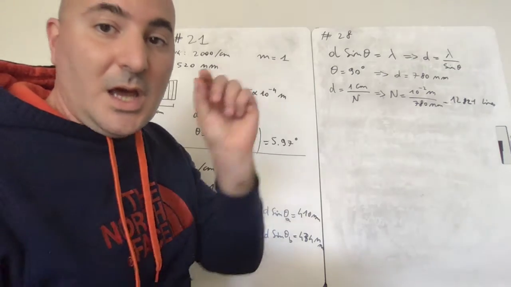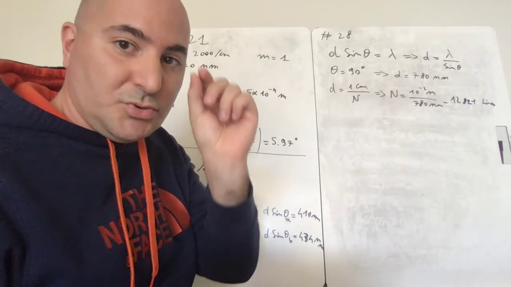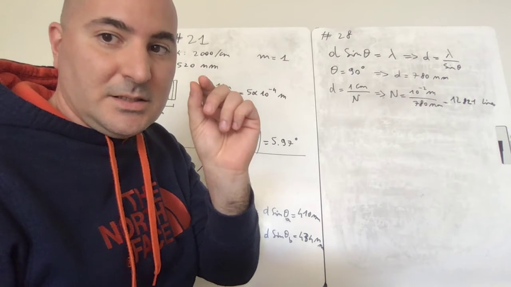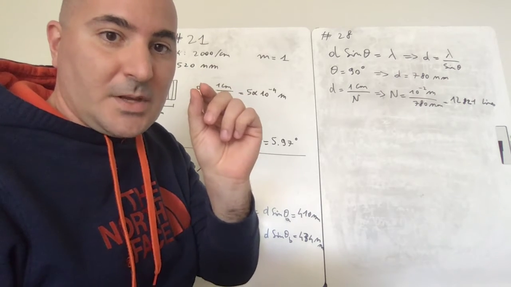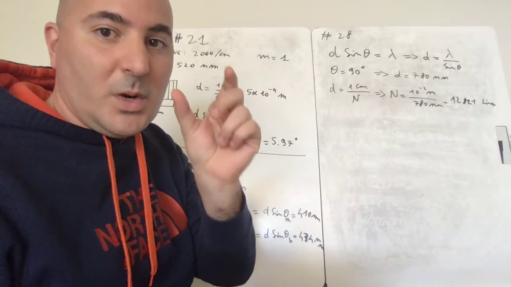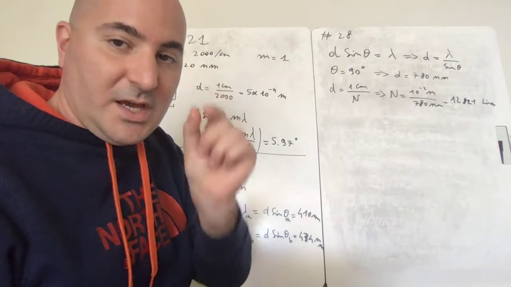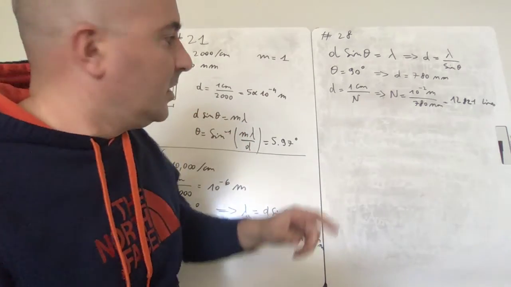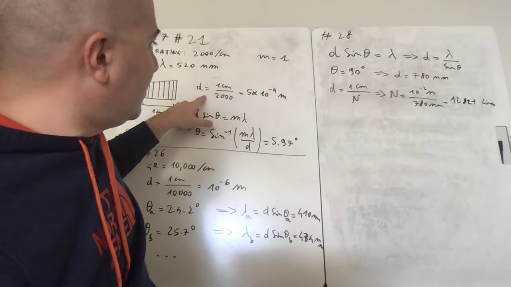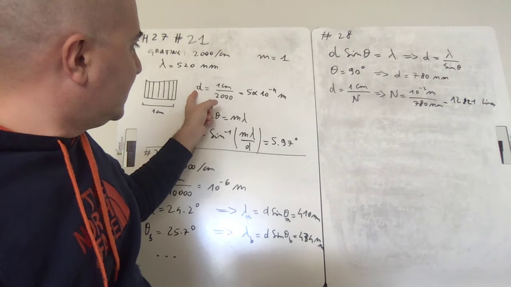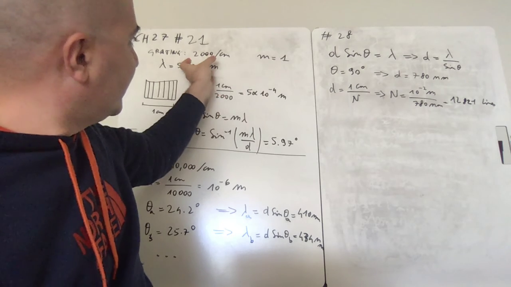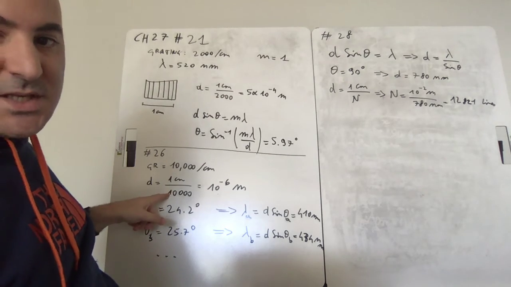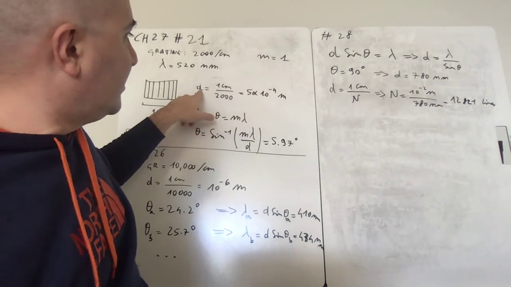Now I have the distance between the two slits, and I want to make a grating of that type. How many times can I split 1 centimeter with each two slits being 780 nanometers apart? It's the opposite of the problem we had before, where we had the grating density, 2,000 or 10,000 lines per centimeter, and wanted the distance.